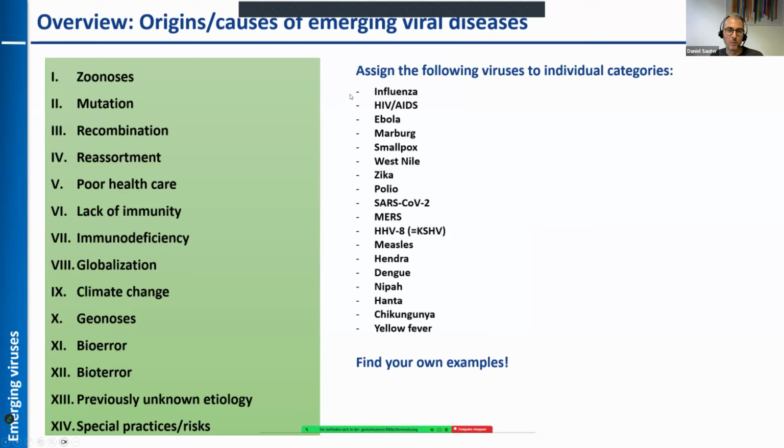Think about which of these viruses have a zoonotic origin, which of them have an animal reservoir, which of these may benefit from climate change because they are transmitted via a vector. You can discuss this with your neighbors. I would just give you a few minutes, and then we can try to collect your ideas and put everything together. Okay?